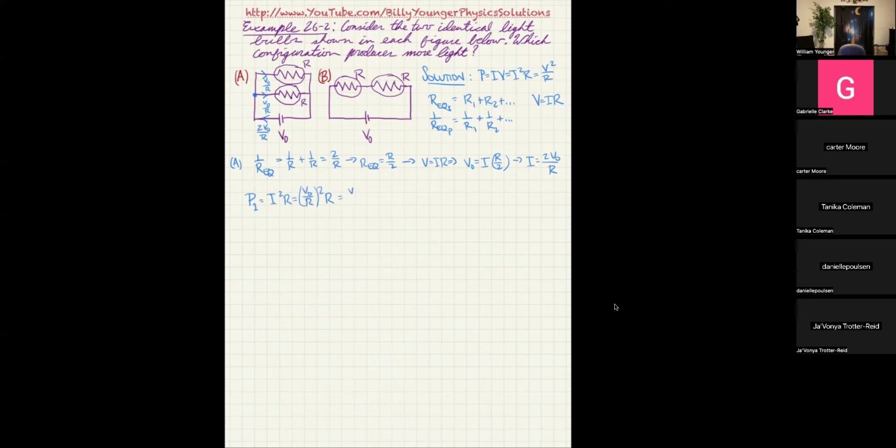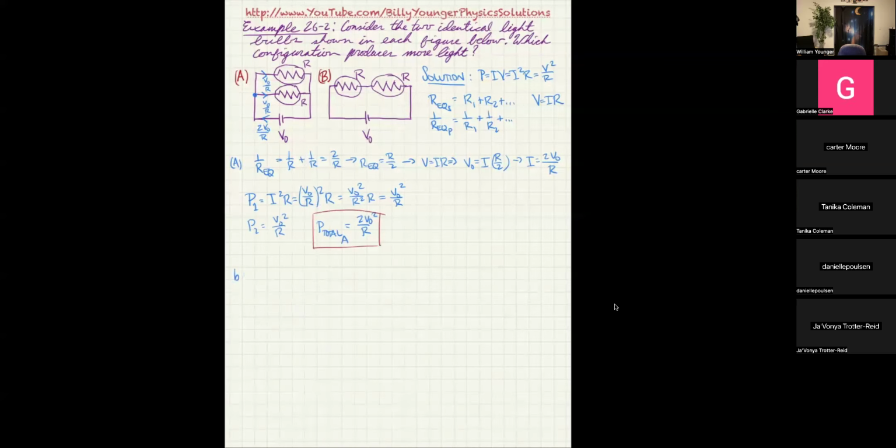What you get is V0 squared over R squared times R, which equals just V0 squared over R. Now P2 is going to be the same. And now we can say P total for part A is equal to 2V0 squared over R. Now we can do the same thing for part B.